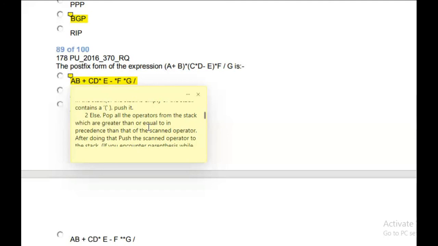That is, we take all operators with a higher or same precedence from the stack and put them into the variable p.